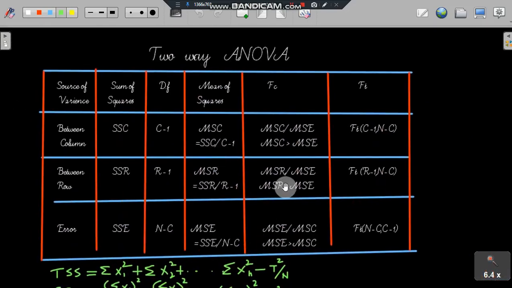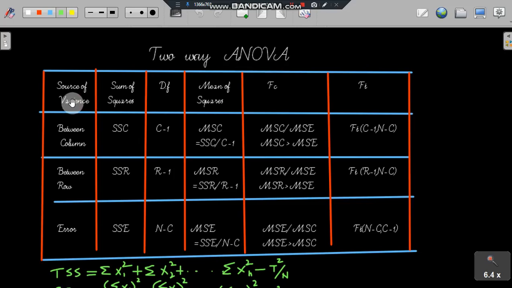As we discussed in one-way ANOVA, this can also be discussed on that basis, and two-way ANOVA is just an expansion of one-way ANOVA, analysis of variance.